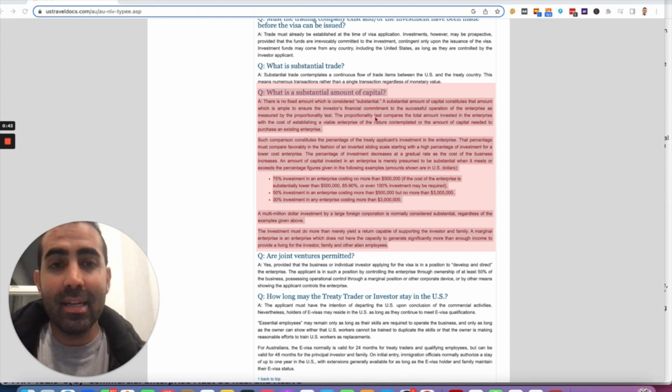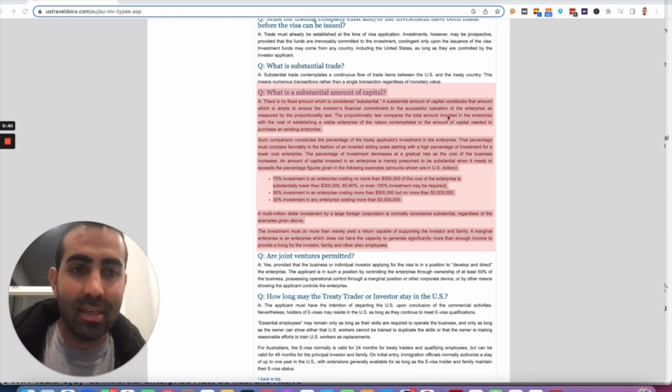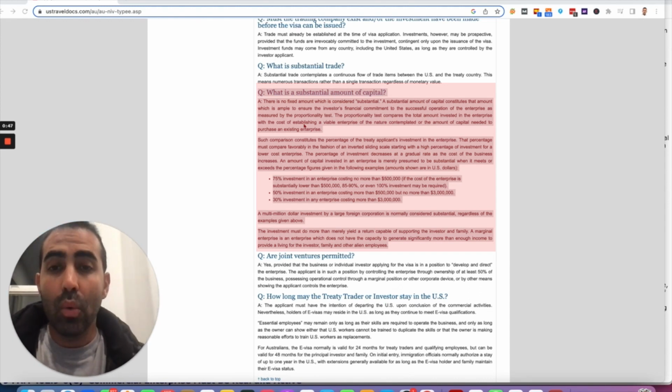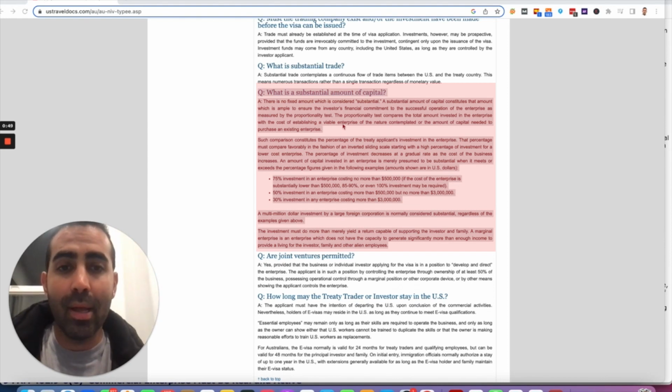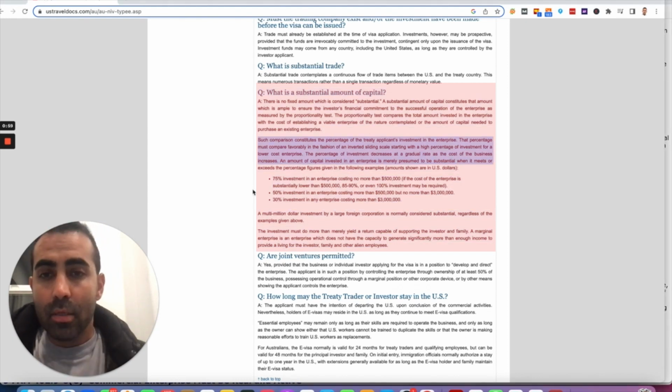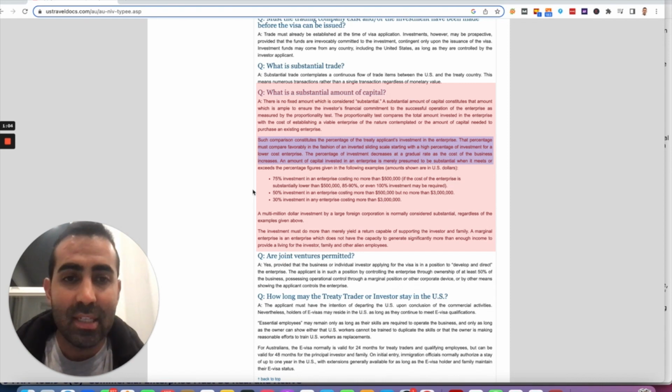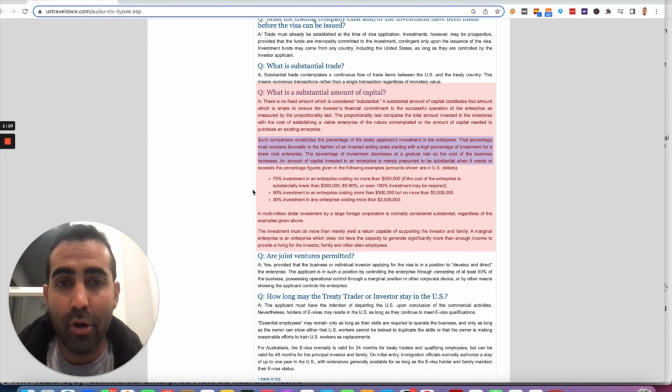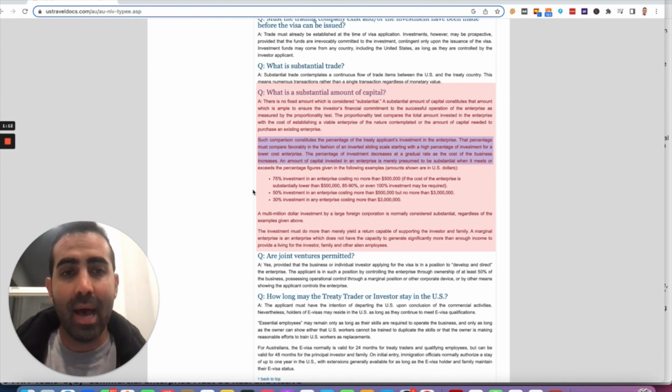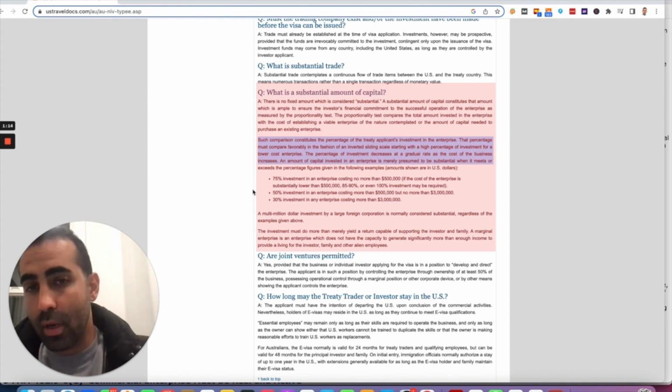The proportionality test compares the total amount invested in the enterprise with the cost of establishing a viable enterprise of the nature contemplated or the amount of capital needed to purchase an existing enterprise. Such a comparison constitutes the percentage of the treaty applicant's investment in the enterprise. That percentage must compare favorably in the fashion of an inverted sliding scale, with a high percentage of investment for a lower cost enterprise.